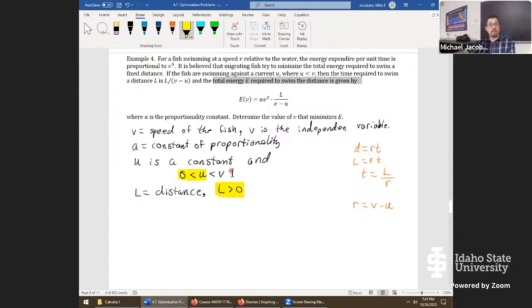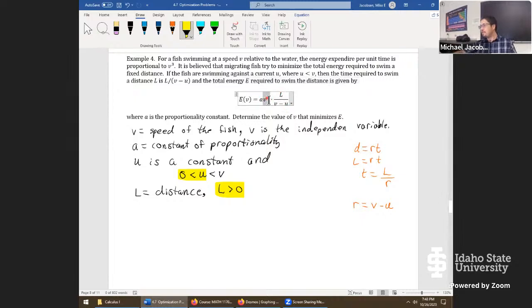The variable V will be positive itself. That leaves just A. And that's where this problem is kind of nasty. It told us nothing about A other than it's a constant in proportionality. My hope is that we can put a sign on it. If we can't, we might not be able to use either the first or the second derivative test until we know if that constant is positive or negative.